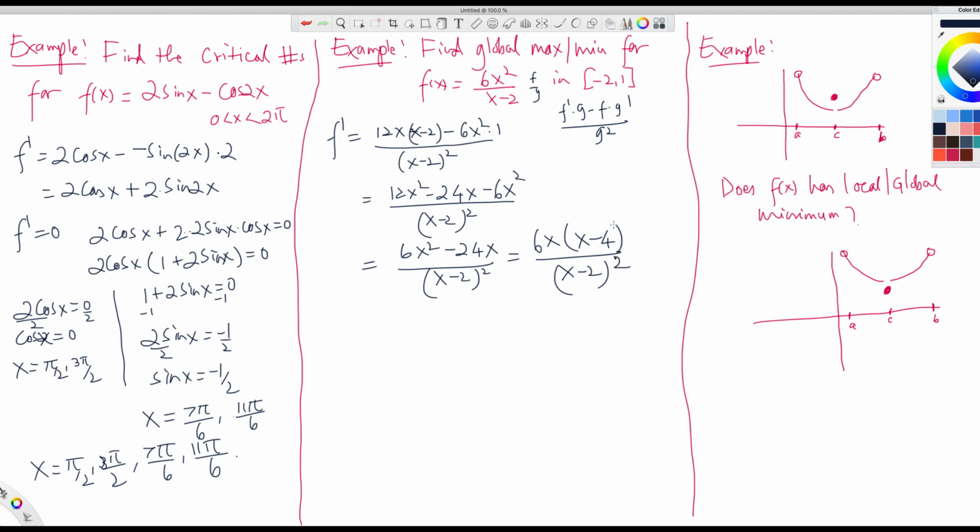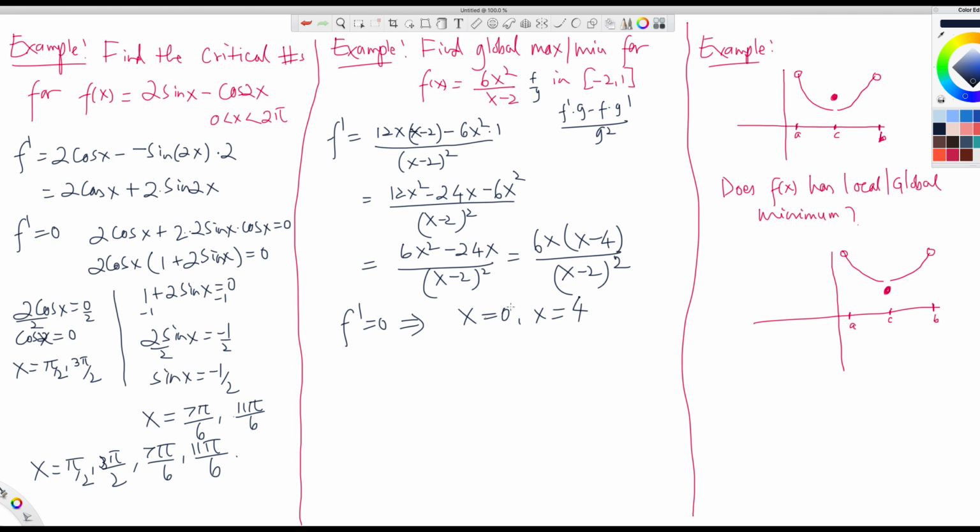So what are the critical points? Meaning, what values of x make the numerator 0 and what values of x make the denominator 0. That's what you are trying to see. Okay. So if you set the numerator to 0, f prime equals 0 implies x equals 0 and x equals 4, right?